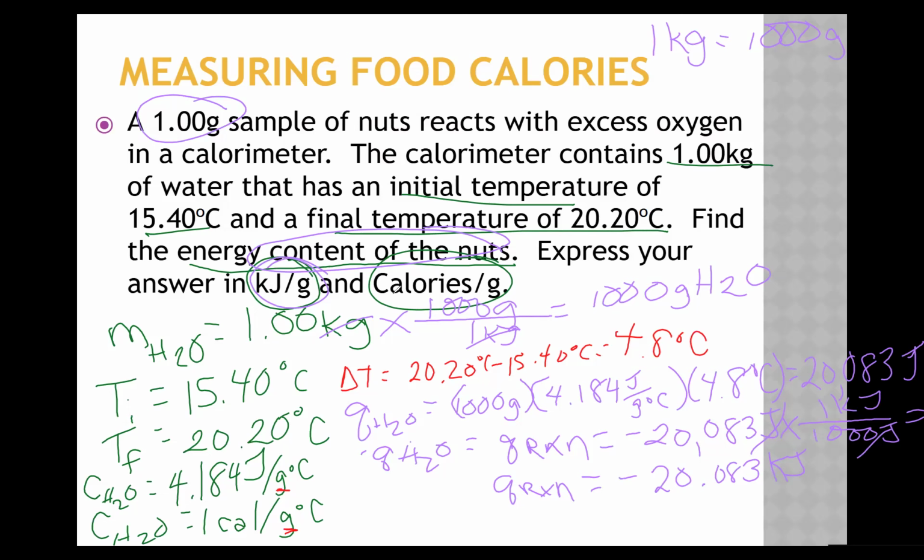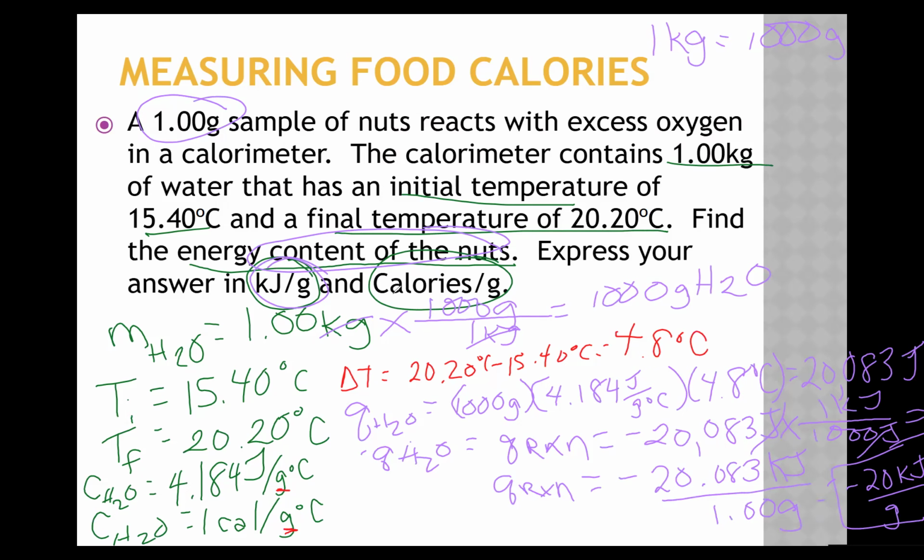So we take the amount of kilojoules and divide it by the number of grams, which is 1.00 grams. So this is just negative 20 kilojoules per gram. That's how much energy is in 1 gram of nuts.